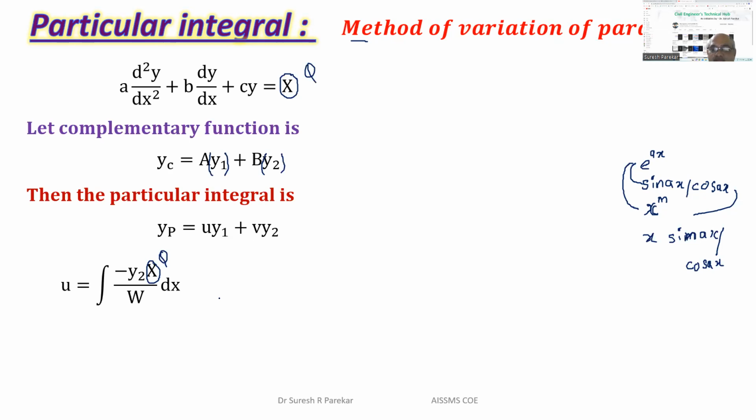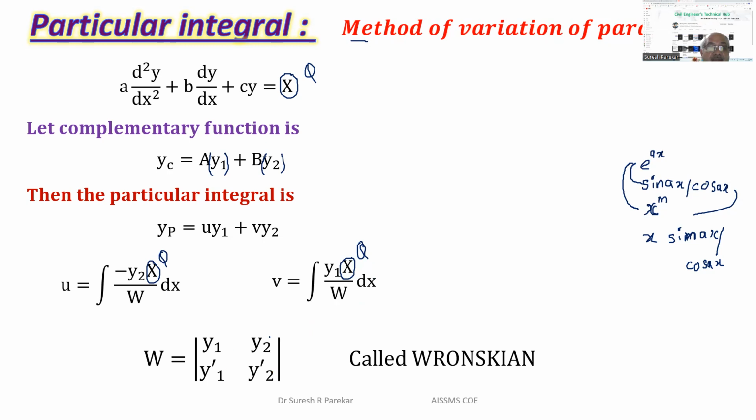Then v is y1 Q upon W into dx, where W is the Wronskian, with first row y1 y2 and second row y1 dash y2 dash. We can find this as y1 y2 dash minus y2 y1 dash, and this value of W we have to use here.